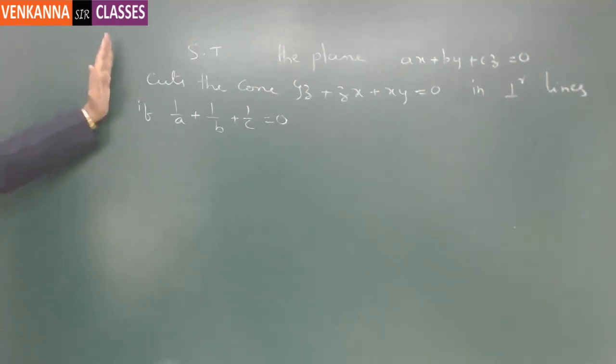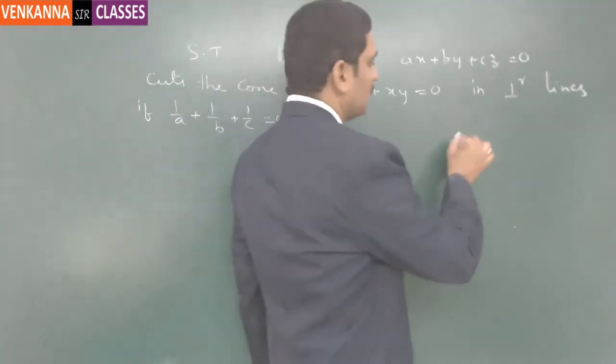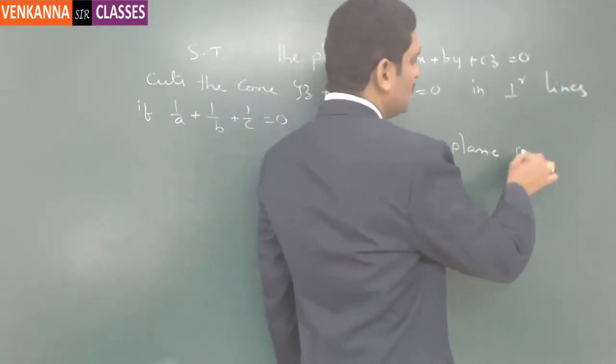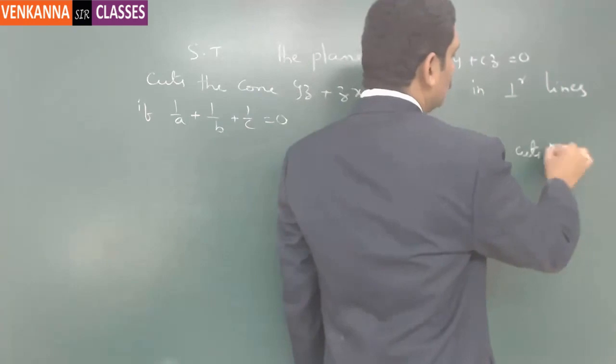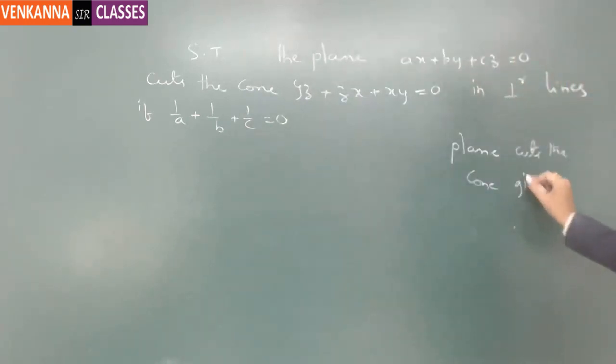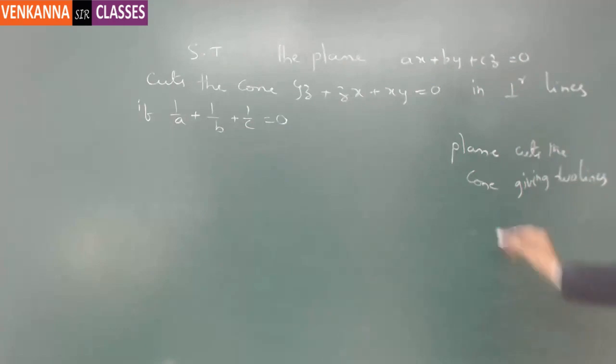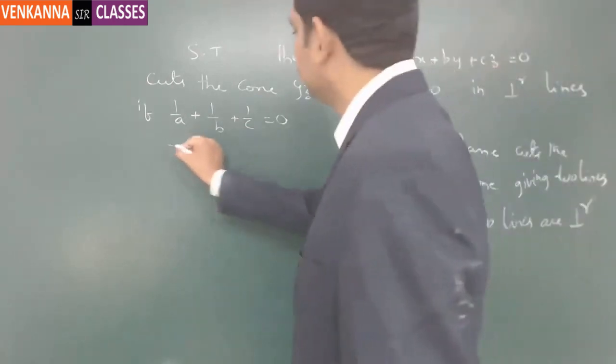So it is the other way around, asking that if the plane cuts the cone giving two lines, and if the two lines are perpendicular, then you will get this condition.